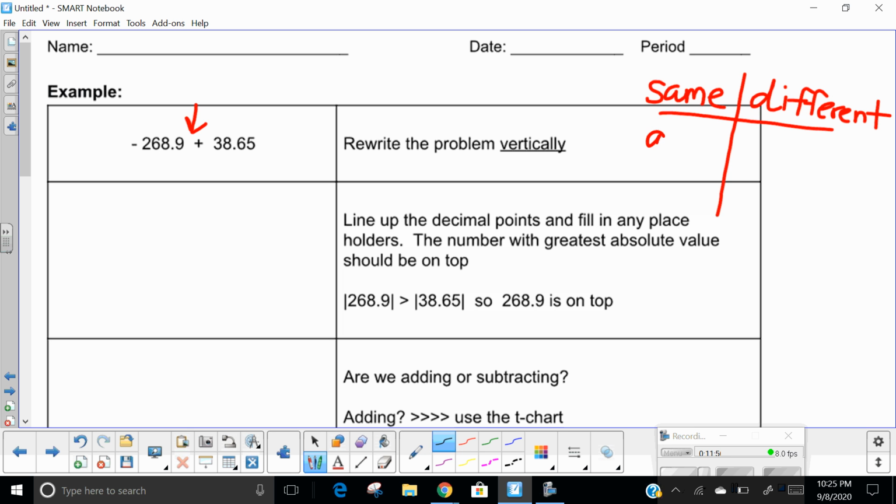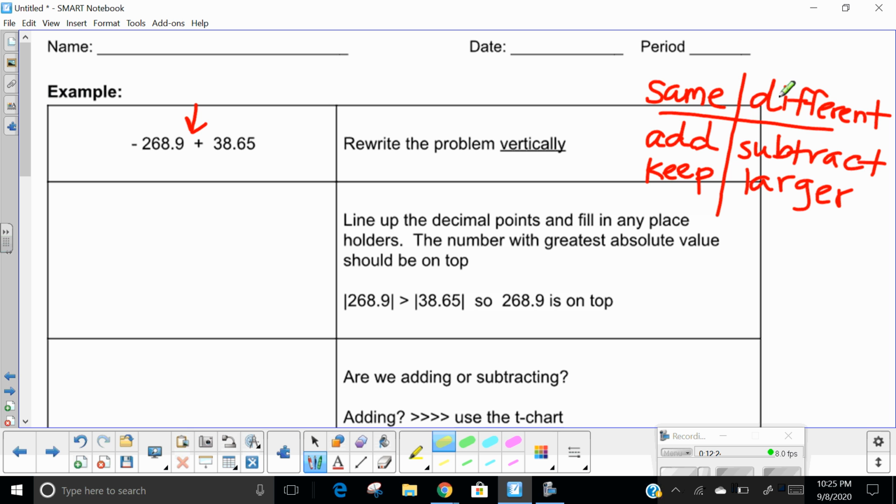Same sign, add, different sign, subtract, same sign, keep the sign, different, keep the larger. So that's what we need in order to do addition. Because remember, the T-chart tells me what math operation, and I got this big plus sign right here. So that means adding.